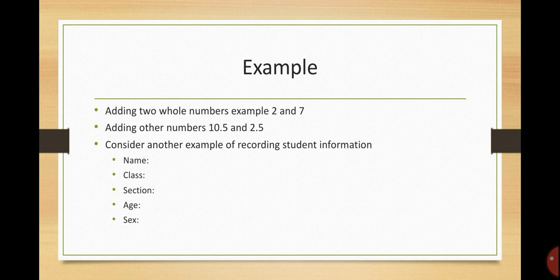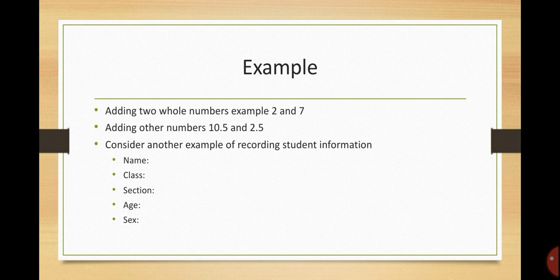We know the addition of 2 and 7. 2 and 7 are whole numbers. Think of another example where you add two decimal numbers. Let's say 2.5 plus 10.5. So the two examples, the first one that uses whole numbers and the second one that uses decimal numbers, are very straightforward.